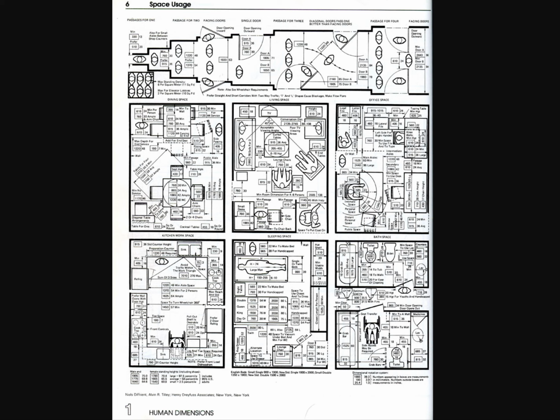You want to think about accessibility for your clients who likely will be building their dream homes and may stay in them for the rest of their lives, or they may be older, so these are things to consider. And so graphic standards will help you lay out all of these things.